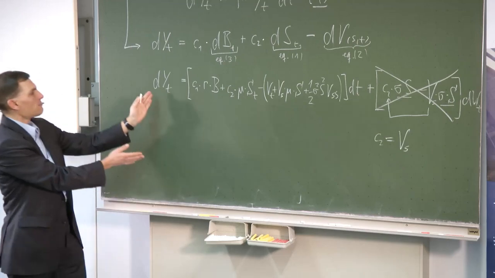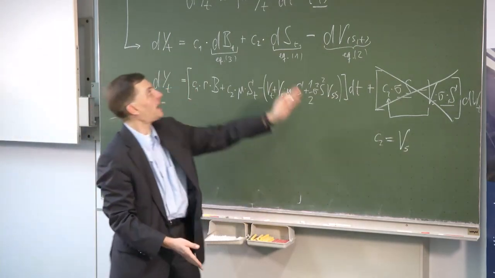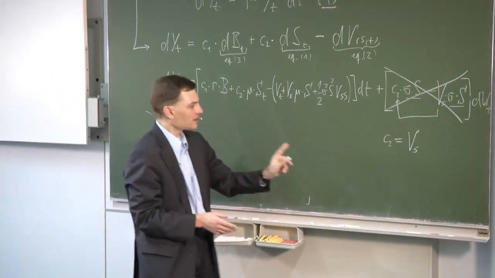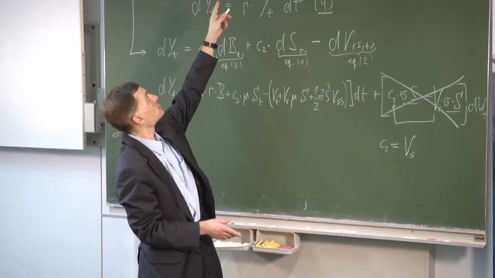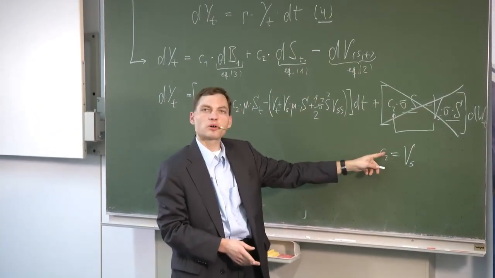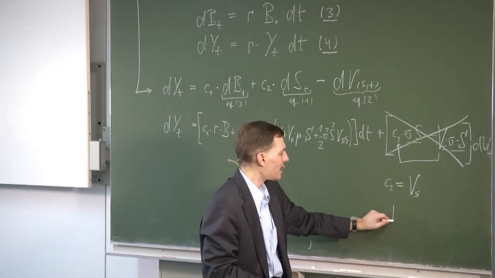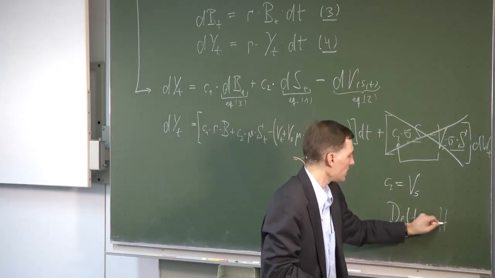So in other words, my portfolio is now behaving like a risk-free asset, as I already told you in the beginning, by this trick. And the trick is, we have to find the right number of stocks or shares in my portfolio. And this choice is called the delta hedge, which is a hedging strategy in finance.